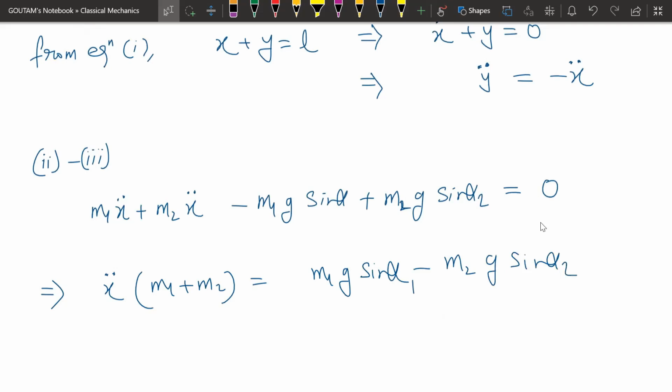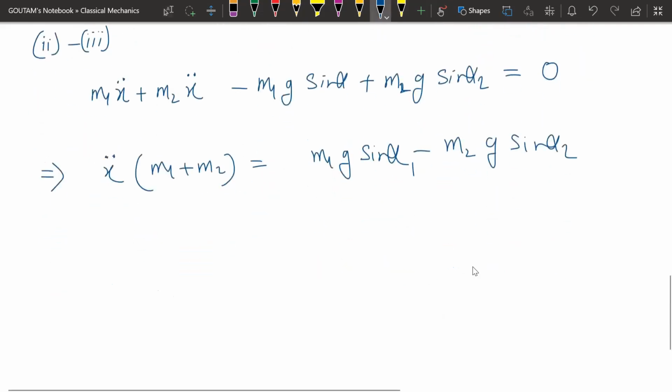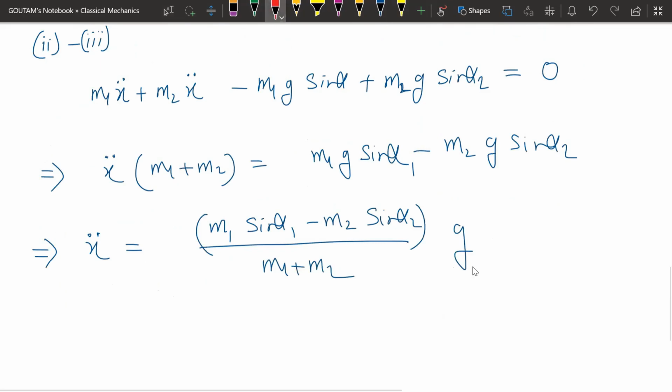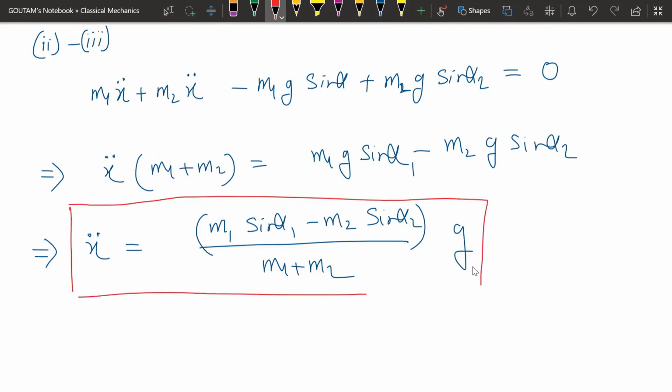This is alpha 1. And we then have x double dot equals (m1 sine alpha 1 minus m2 sine alpha 2) by (m1 plus m2) times g. This is the acceleration of the first object.